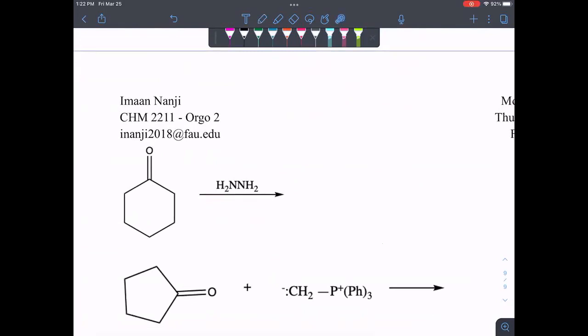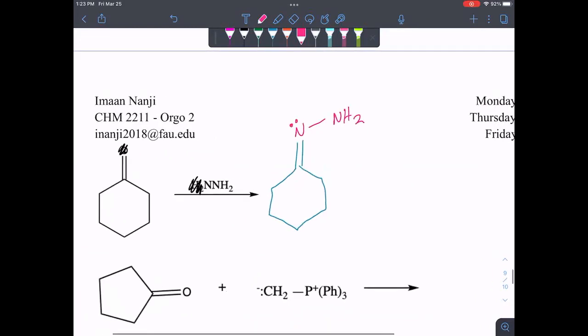Hydrazine. Yeah, hydrazine. So ketone plus hydrazine gives you what? So exact same thing happens. Get rid of the H2, get rid of the oxygen, put the amine where the oxygen was. And this is called a hydrazone.